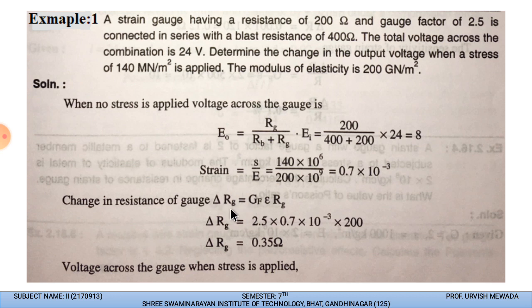Delta Rg is directly proportional to the gauge factor: delta Rg equals Gf into epsilon, the strain, into Rg. The gauge factor is 2.5, the strain is 0.7 into 10 raised to minus 3, and Rg is 200 ohm. So delta Rg is 0.35 ohm.